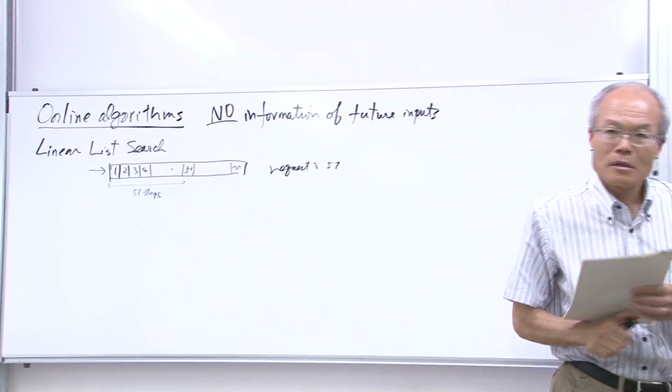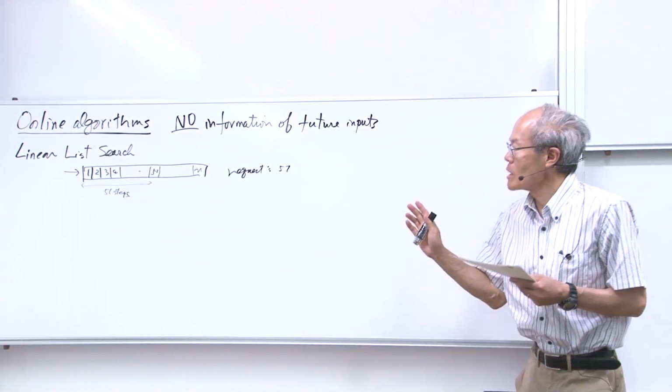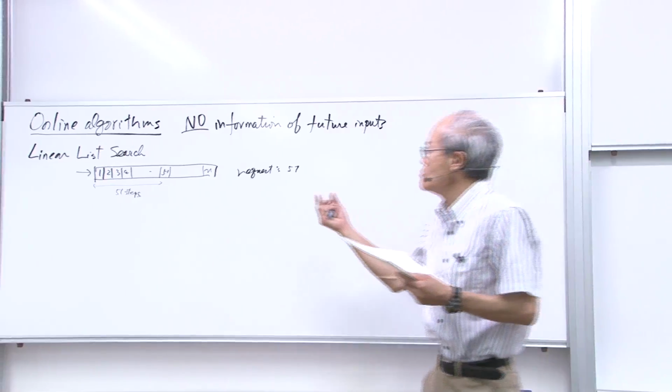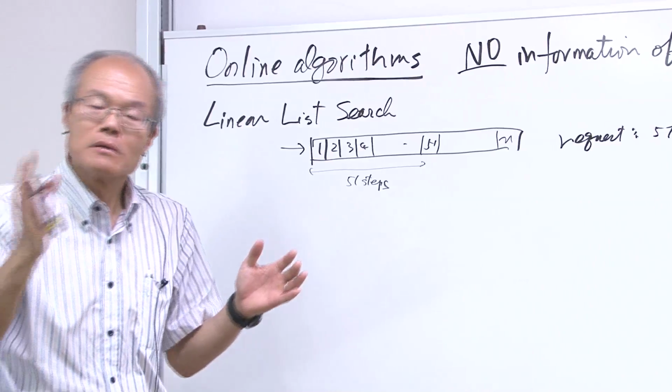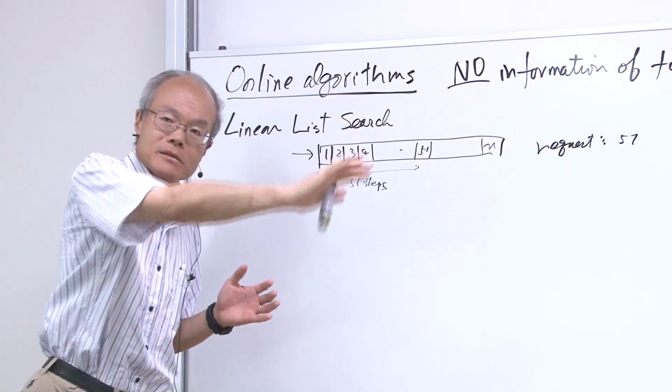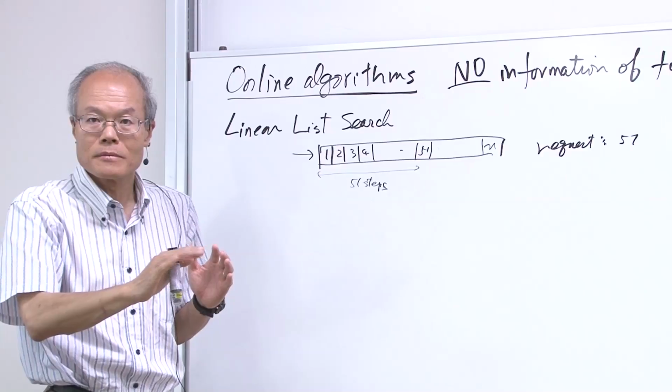So what you do, your strategy, is to move the accessed item in the direction of the front.